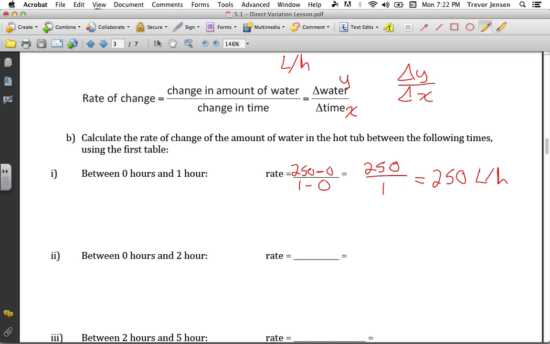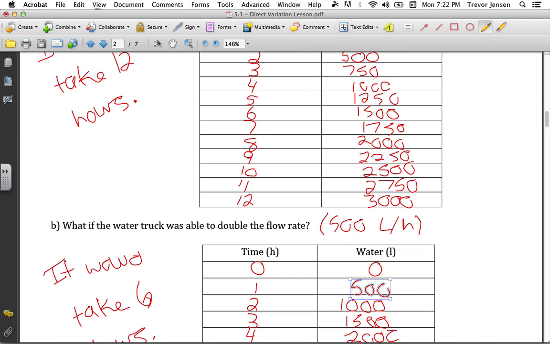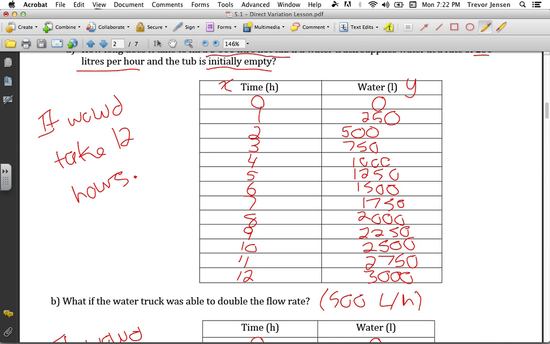Now let's look at what rate the water is going into the tub if we look at the time between 0 and 2 hours. So we're going to look at what's the change in water divided by the change in time. What's the rate for change in water divided by change in time from 0 to 2 hours? So from 0 to 2 hours, it goes from 0 to 500 liters.